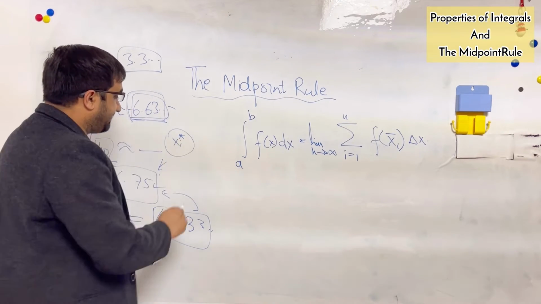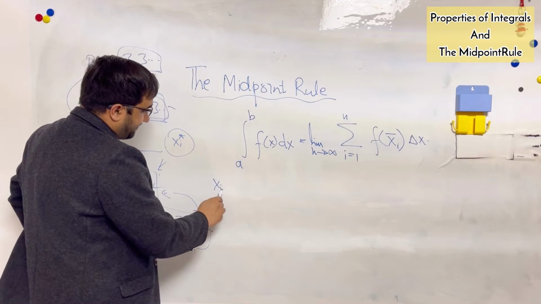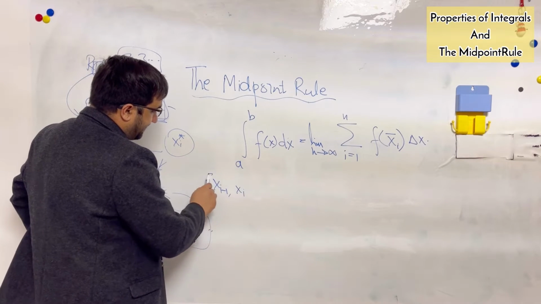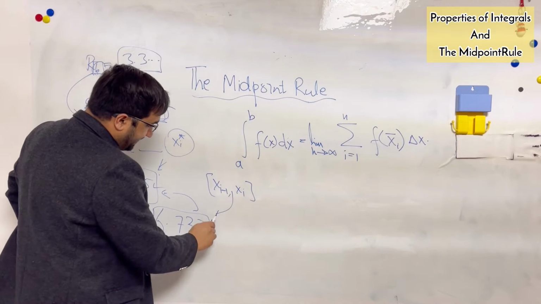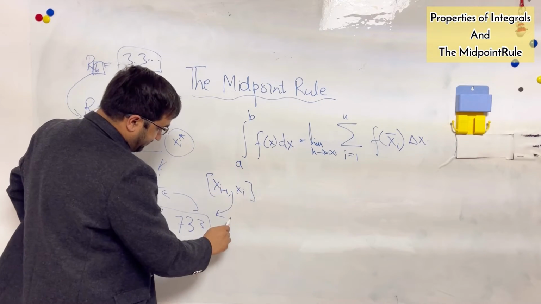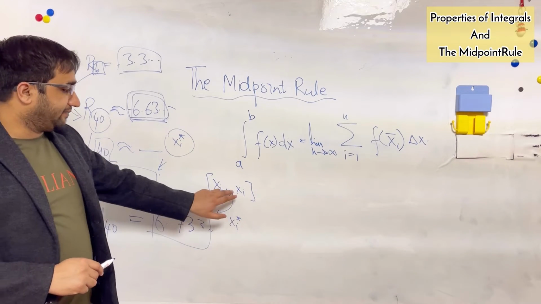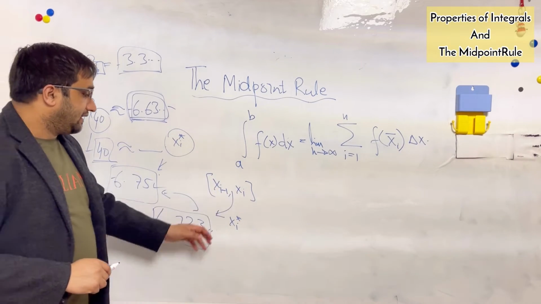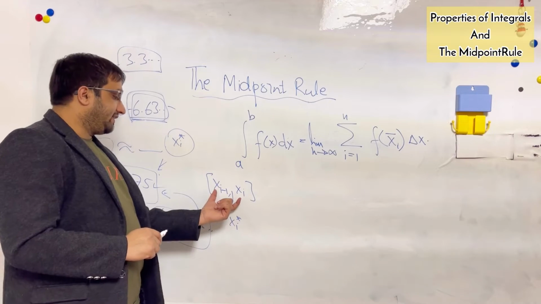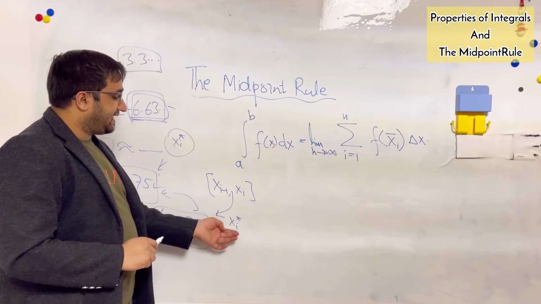In that case, we said if we have the interval xi minus 1 and xi, then we can pick any number in between these two, and we say this is xi star. So any number in between them, or the midpoint in between them, can be xi star.